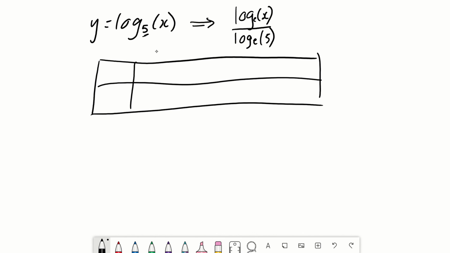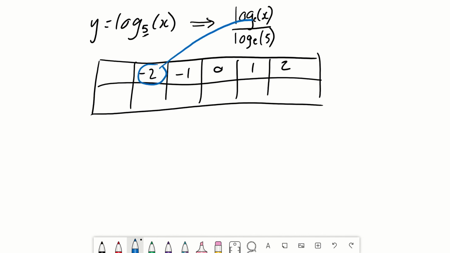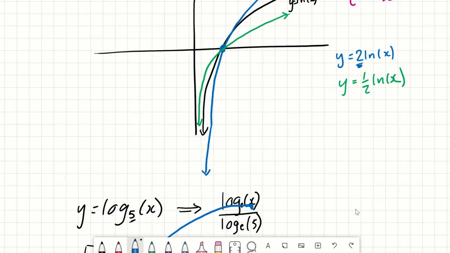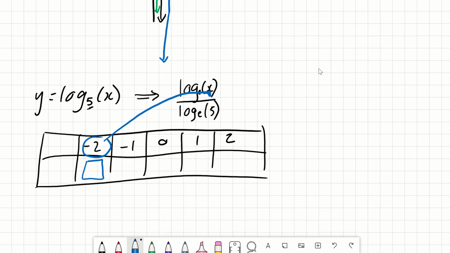So in your calculator, when you have, say, -2, -1, 0, 1, 2, you're just going to be putting that -2 in where x is here, doing your log e, and that'll get you the value. Then you can plot your table values. But it'll still come out with the same idea, same shape and everything as our log e of x.